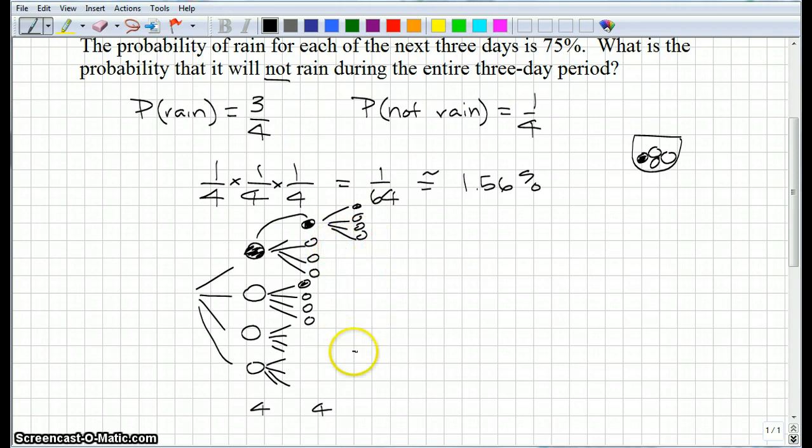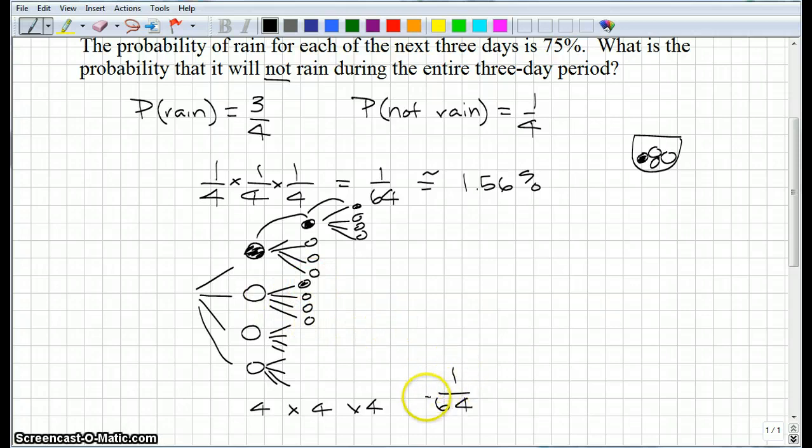Again we have 4 possibilities, but we had 4 possibilities each day, so if you combine those 3 days of the sequence of whether it rains or not, you have 64 total possibilities, but only one of them is going to be no rain, no rain, no rain. All the other possibilities are going to involve rain on one of those days.